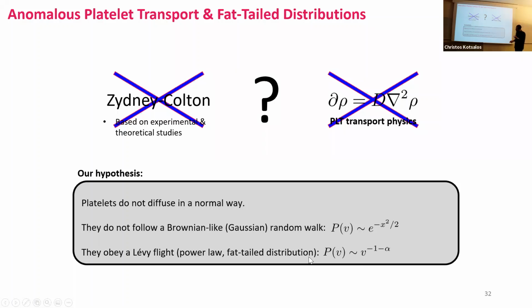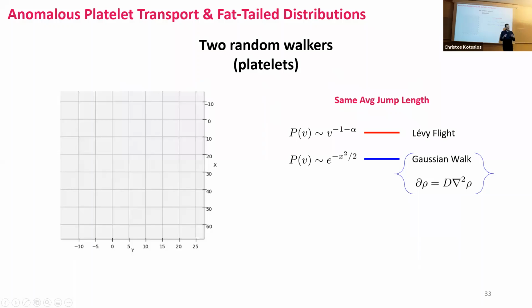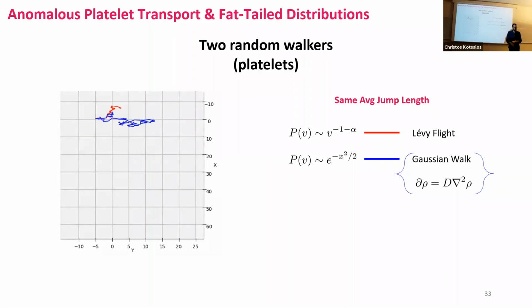Let me show you in this slide why this is very important. Here I'm going to show you two random walkers, two platelets. The red platelet will follow a Levy flight, and the blue platelet is going to follow a Gaussian walk. Let's observe how they explore the space.